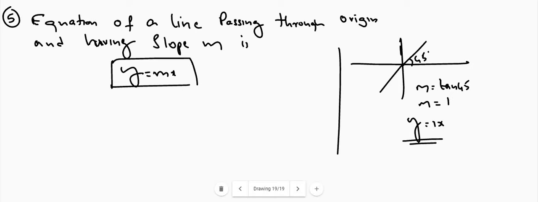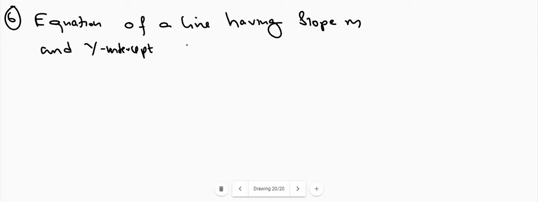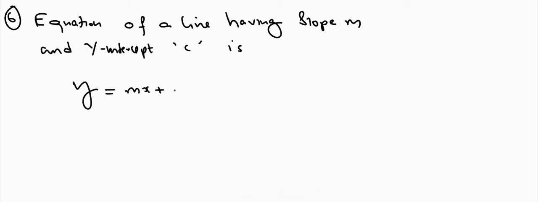Okay, next, number 6. Equation of a line having slope m and y-intercept c is y equal to mx plus c.